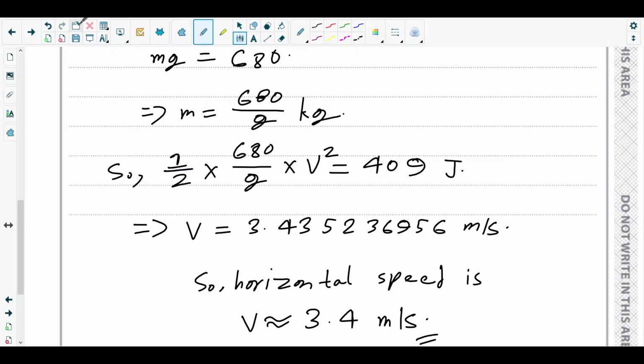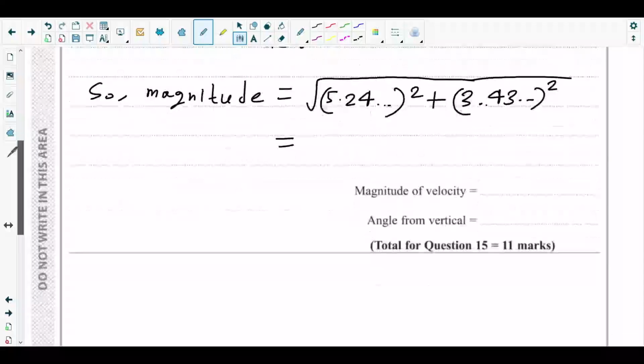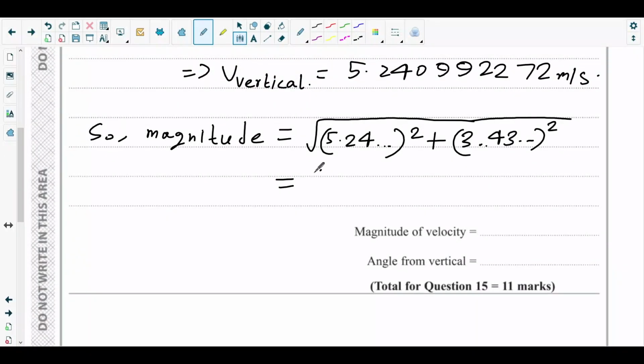That gives 6.26648 and so on meter per second. This is the magnitude of velocity.